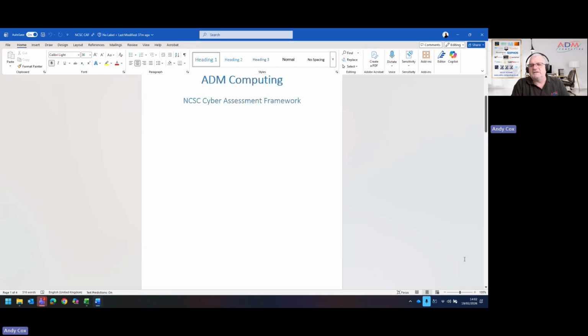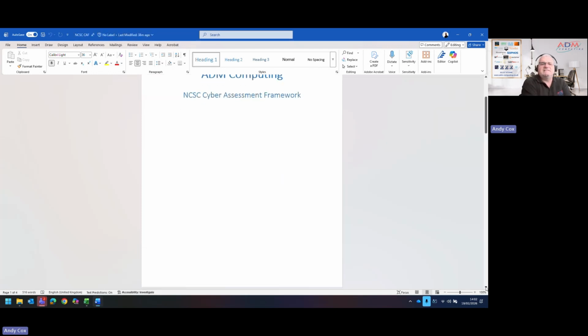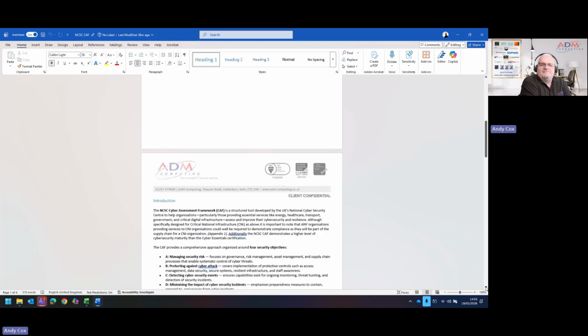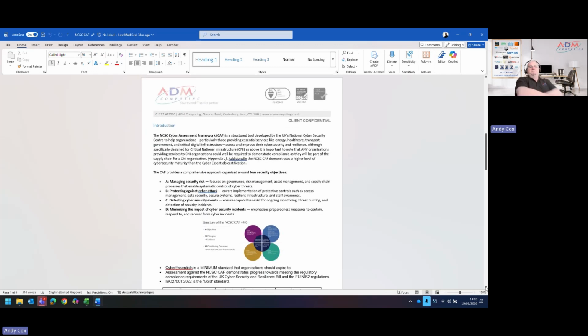So for anybody who doesn't know, the NCSC are part of GCHQ, Government Communications Headquarters, so part of, I like to call it Spook Central, but they are basically tasked with managing the UK's readiness for cybersecurity and cybersecurity issues.